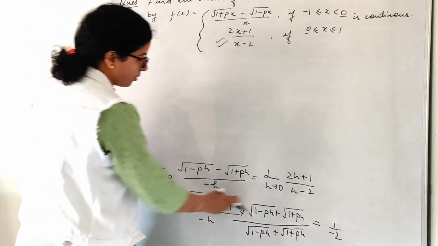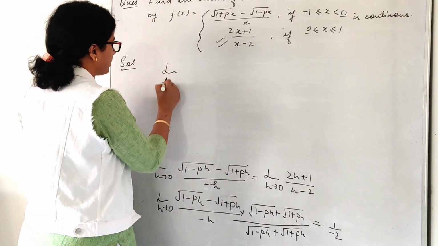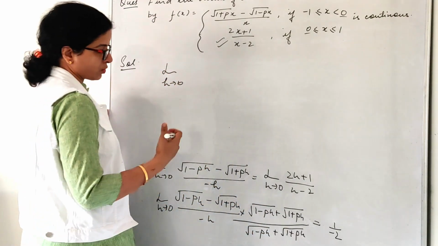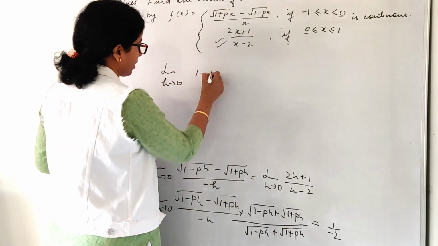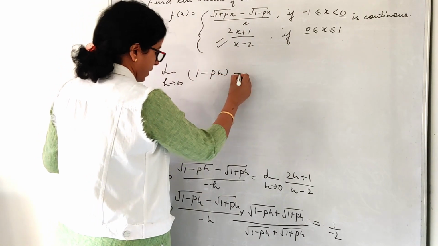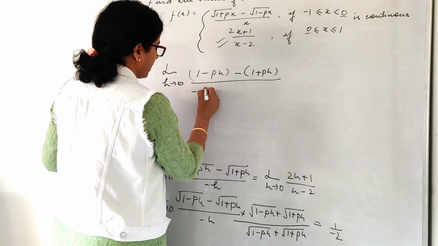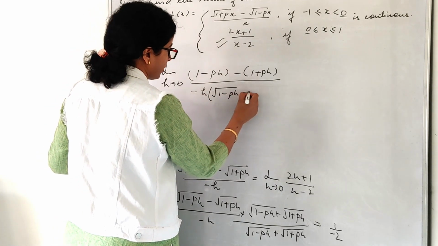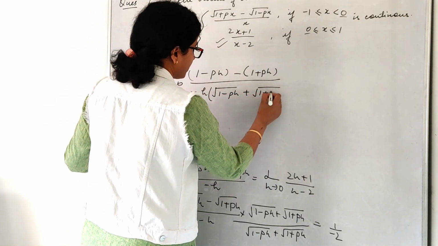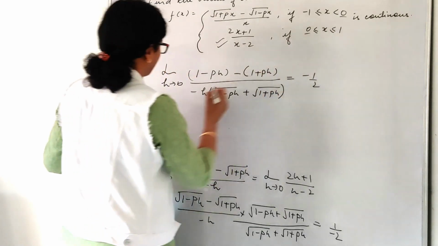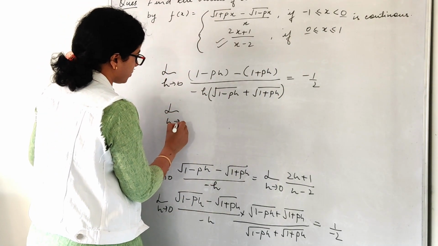Okay. So now limit h tends to 0. This is (a minus b)(a plus b), so a square minus b square. So in that case, 1 minus ph minus 1 plus ph upon minus h times (under root 1 minus ph plus under root 1 plus ph), okay, equals minus half. Now limit h tends to 0.